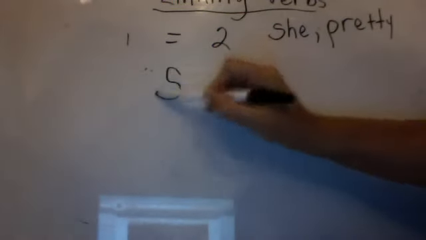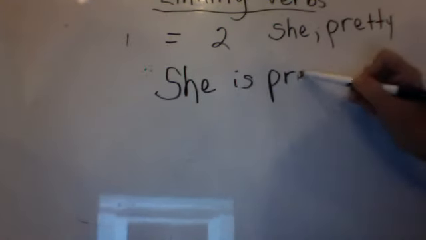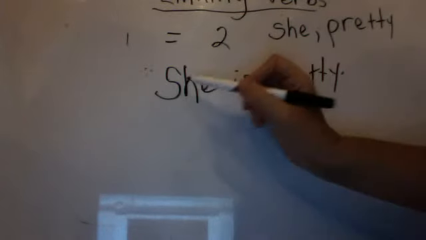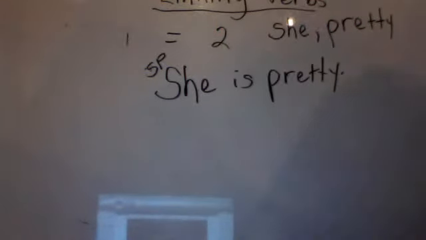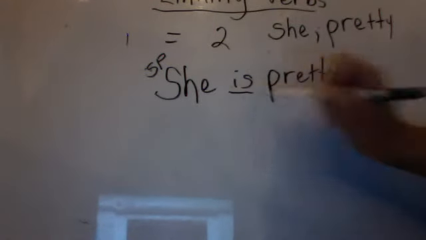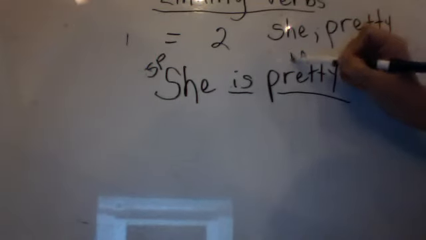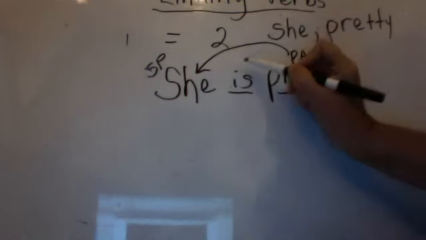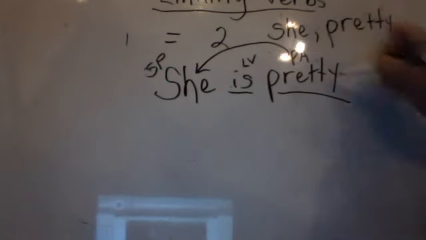So our sentence would be, she is pretty. Our subject is she. It's a pronoun, so we would label it subject, pronoun, SP. Our verb is. Pretty is an adjective, and it's in the predicate, and it's renaming the subject. This makes this our linking verb, and pretty is our predicate adjective. So we're not using a noun, we're using an adjective.